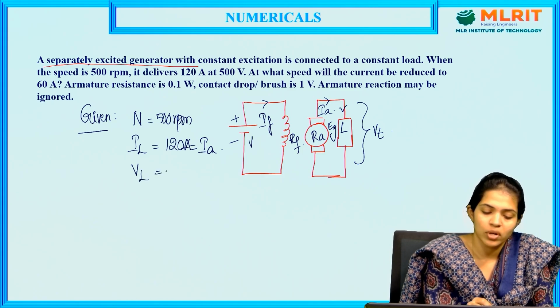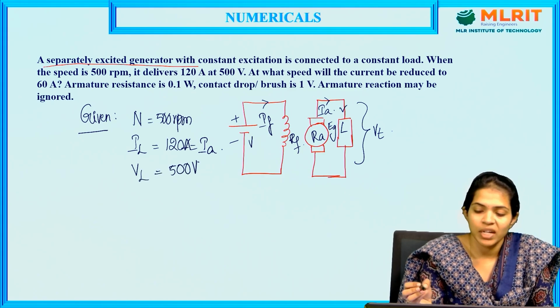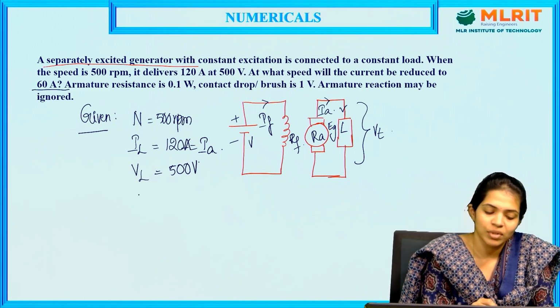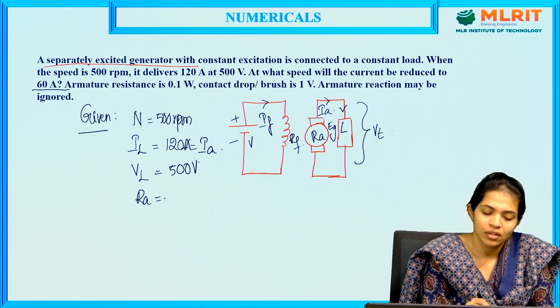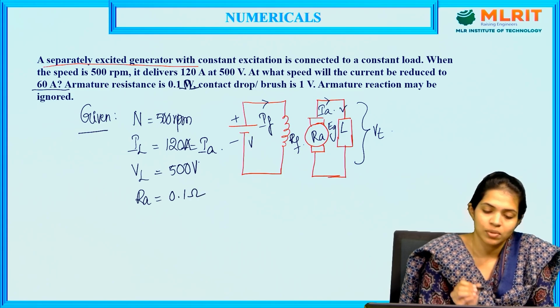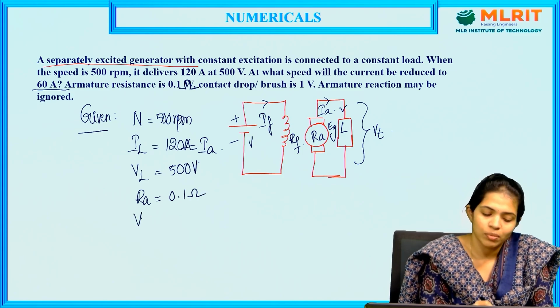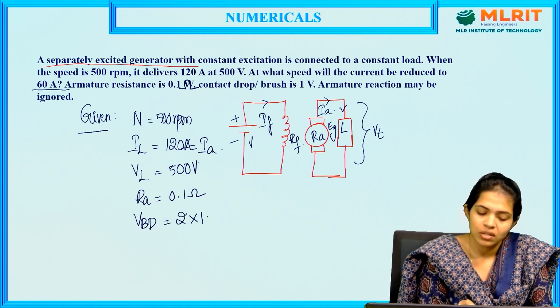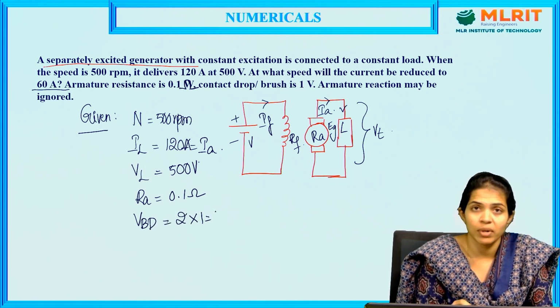So the load voltage is also given as 500 volts. At what speed will the current be reduced to 60 amperes? The armature resistance is given as 0.1 ohms. He has also given the brush drop. As there are 2 brushes, the drop across each brush multiplied by 2 is given as 2 volts.